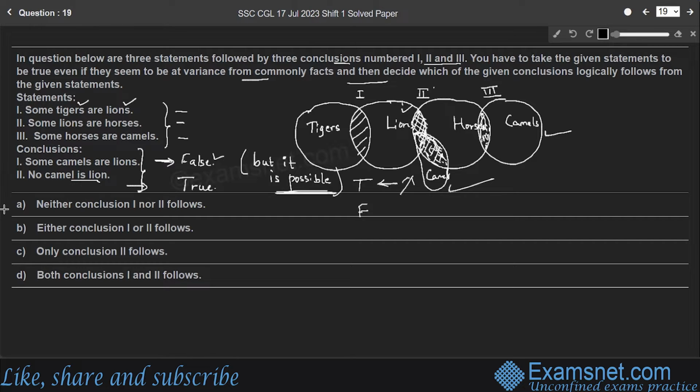If the first conclusion is false, the second will be true. Therefore, these two are contradictory conclusions. In the case of contradictory conclusions, either 1 or 2 will be correct. Therefore, the answer is that either conclusion 1 or 2 follows. Option B is the right answer.